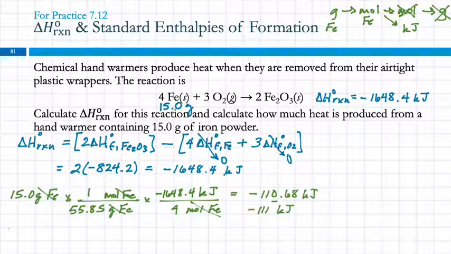The question is, how much heat is produced? Should I say minus 111 kilojoules is produced? No. I'm going to say 111 kilojoules is produced. The word produced conveys the direction.